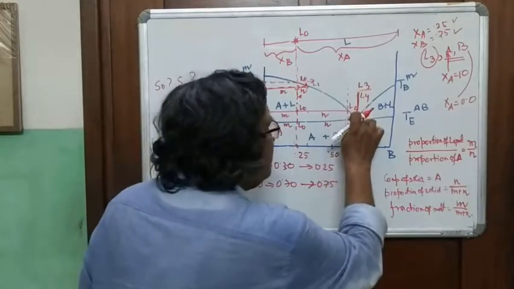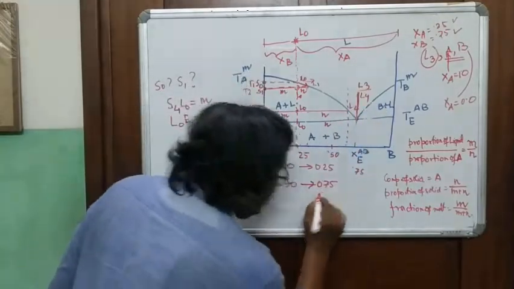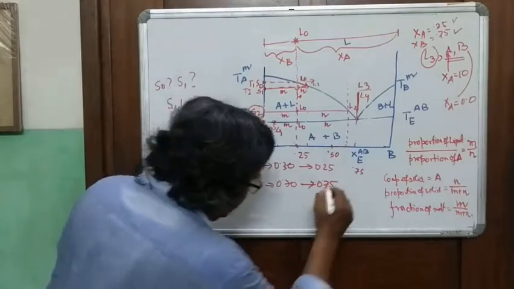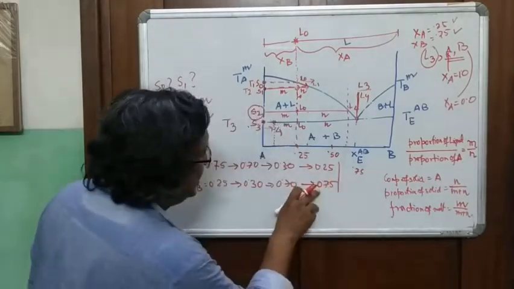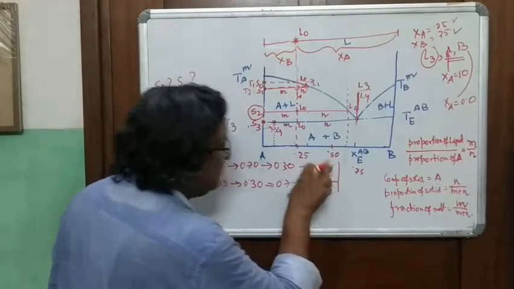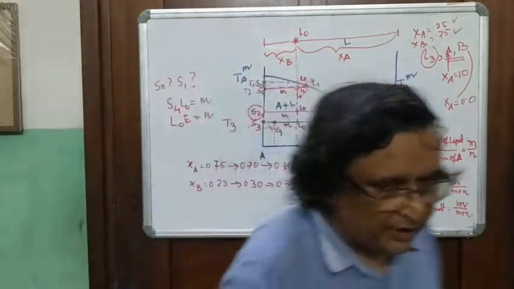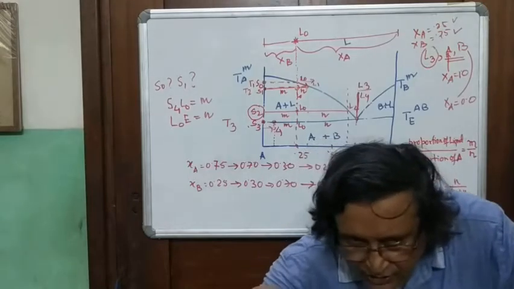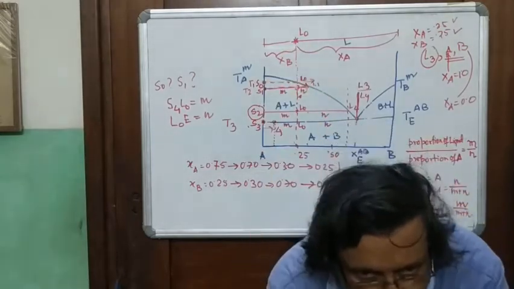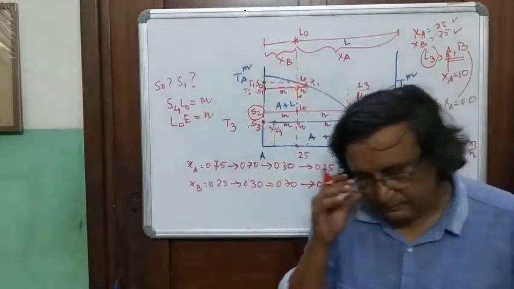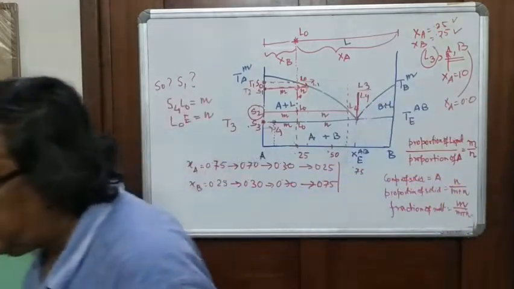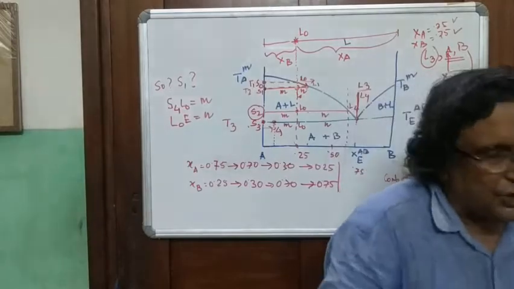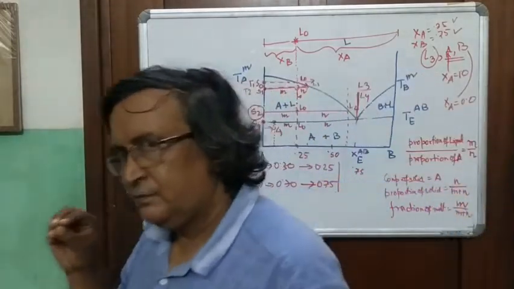Because A mineral and B mineral precipitated in the same proportion as XA and XB in the melt. So if you precipitate the two in the same proportion, the composition does not change, but the total amount of the melt changes.